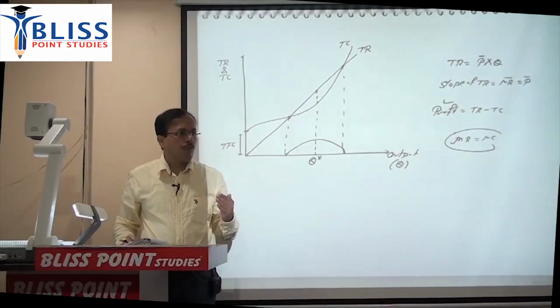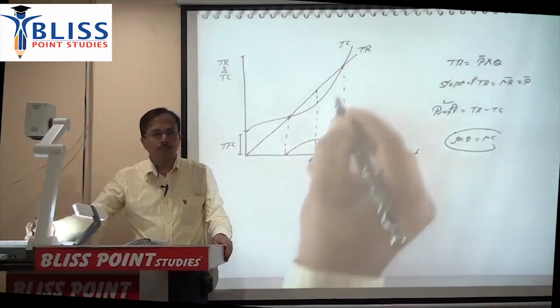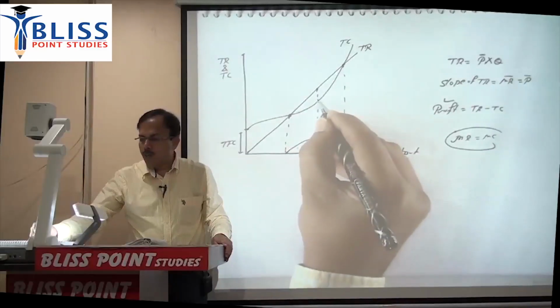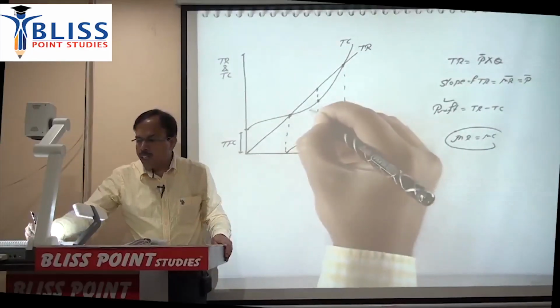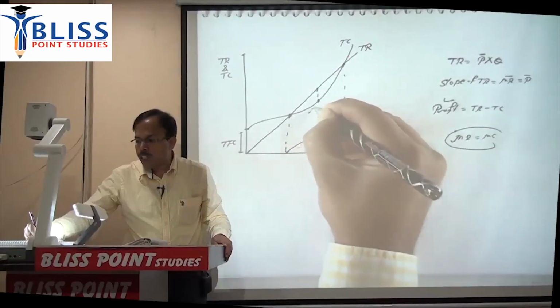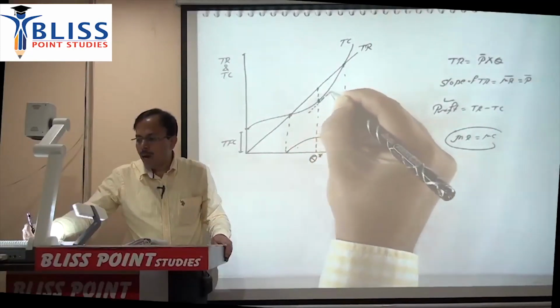And what is marginal cost? The slope of total cost. But the total cost curve is not a straight line. So if you want the slope of total cost at that point, you will have to draw a tangent. But remember, that tangent must be parallel to which line?